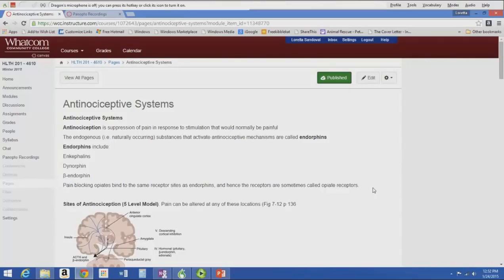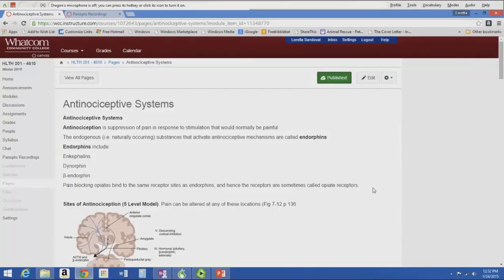We have those endogenous endorphins that activate those anti-nociceptive mechanisms. There are lots of different endorphins, but they include enkephalins, which we just talked about in a presynaptic inhibition scenario, dynorphin, beta endorphin. The pain-blocking opiates bind to those same receptors as endorphins.